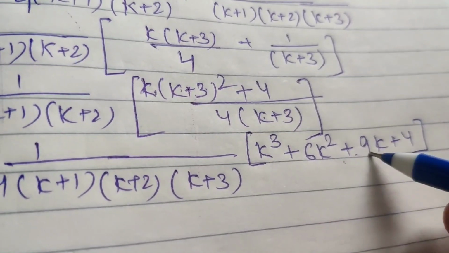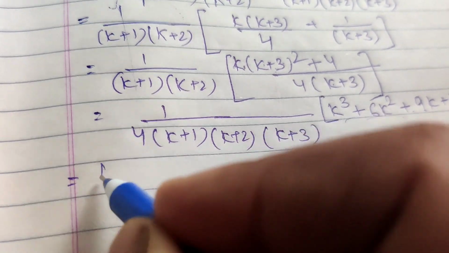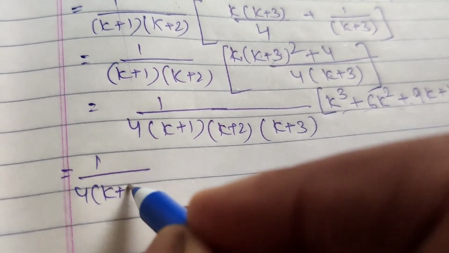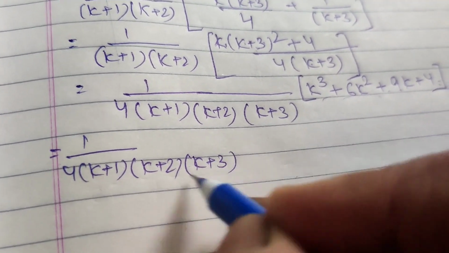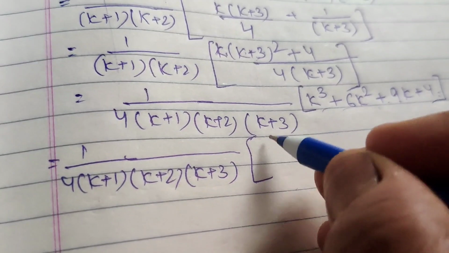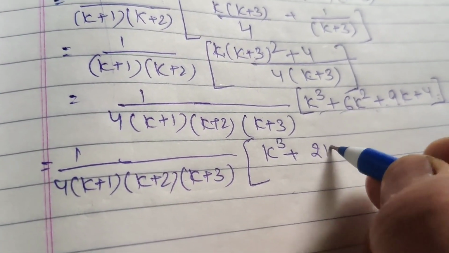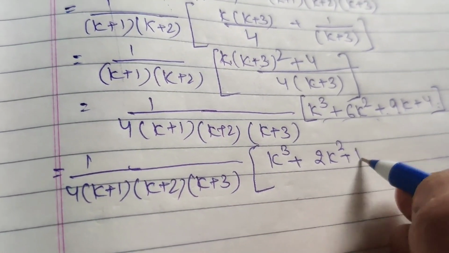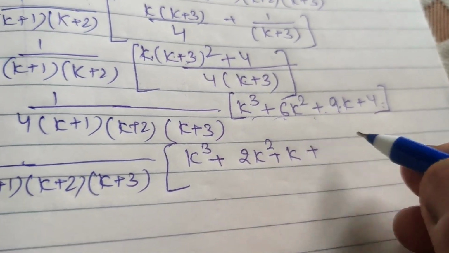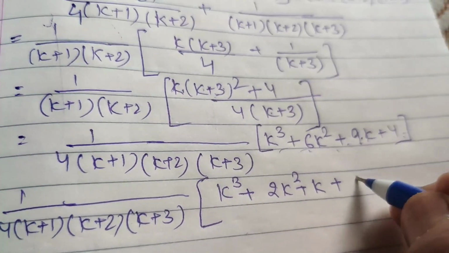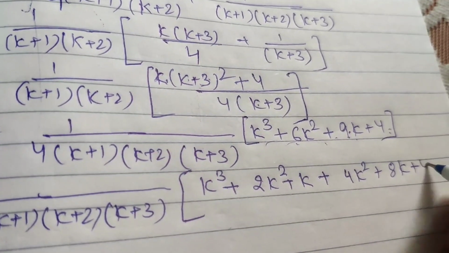Now bifurcate this term and factorize. Write 6k square as 2k square plus 4k square, and 9k as k plus 8k. So k cube plus 2k square plus k, plus 4k square plus 8k plus 4.